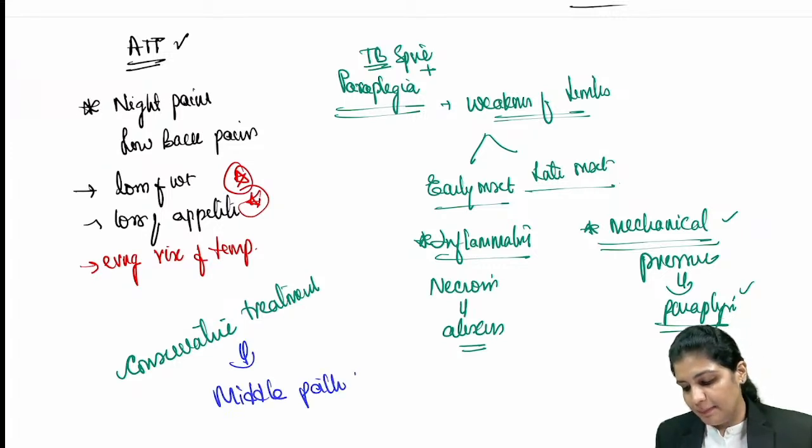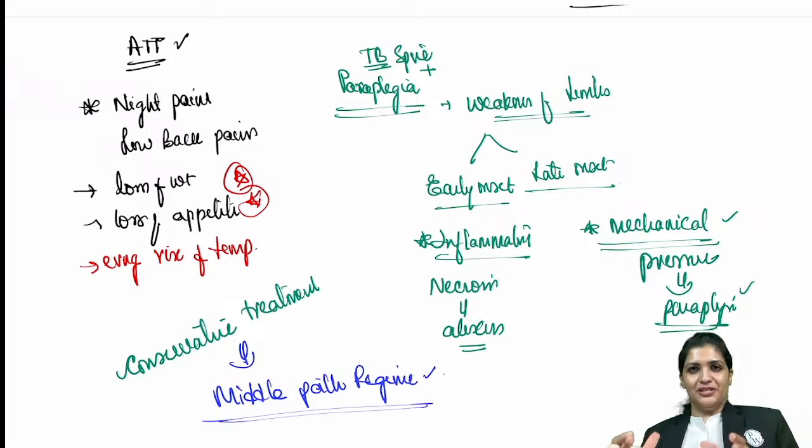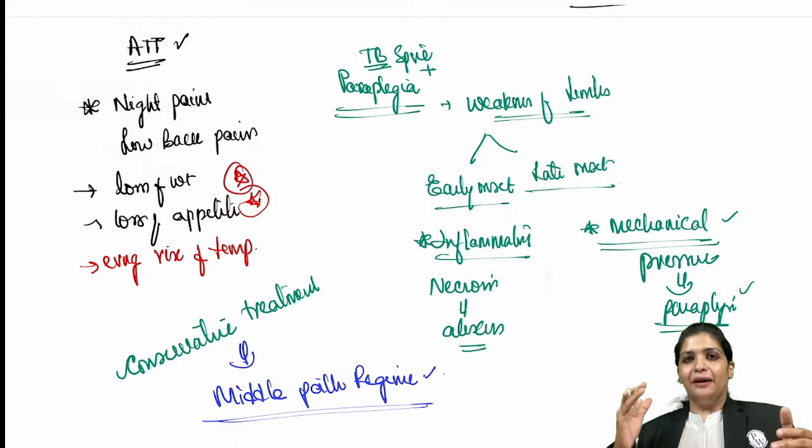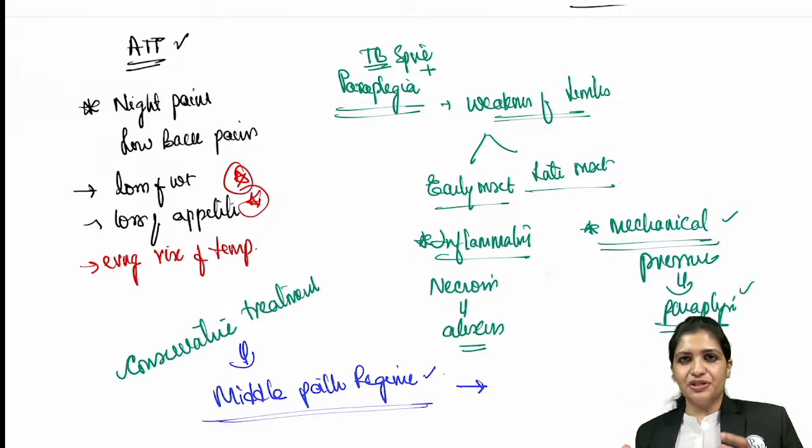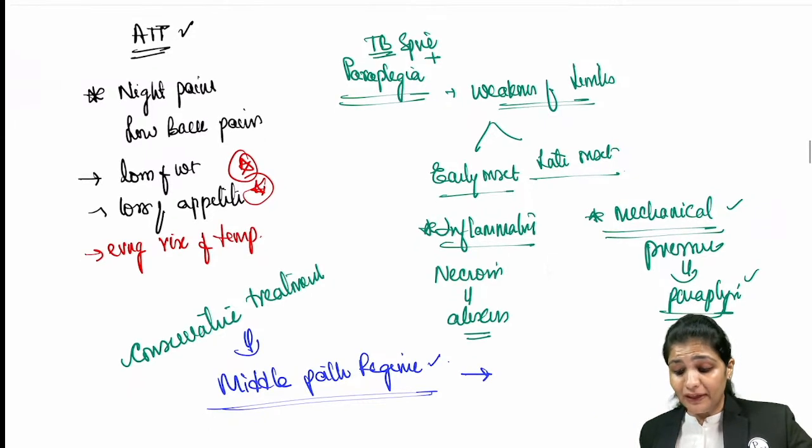This is the middle path regime which is followed for tuberculosis of spine, where the patient is given adequate rest and brace, that is for the support of the spine, and then adequate treatment such as nutrition and proper care to the patient.